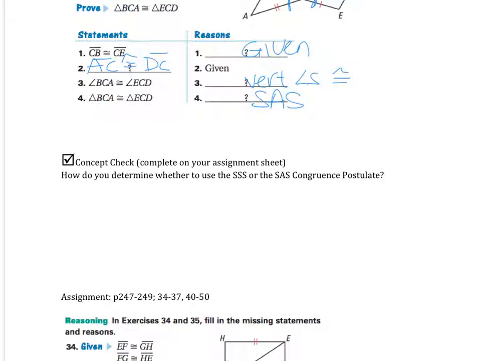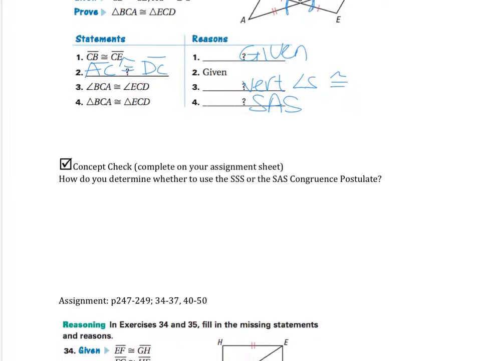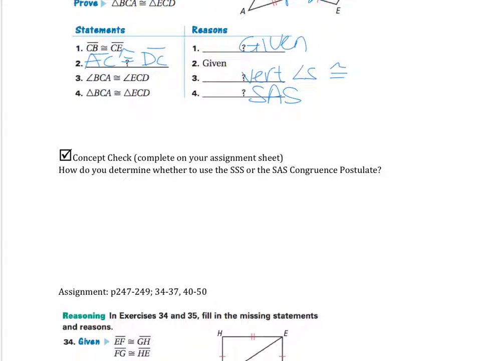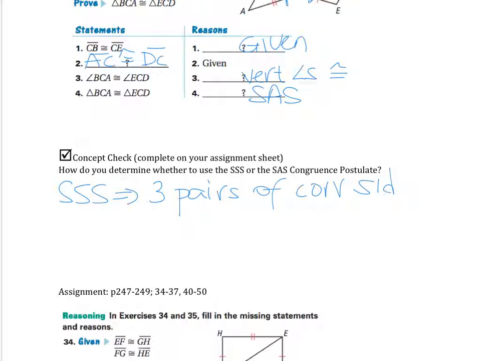How do you determine whether to use side, side, side, or side, angle, side? Side, side, side: you must have three pairs of corresponding sides congruent.